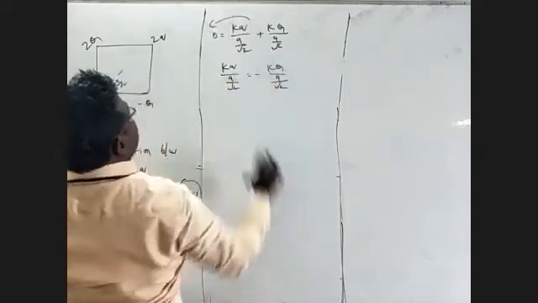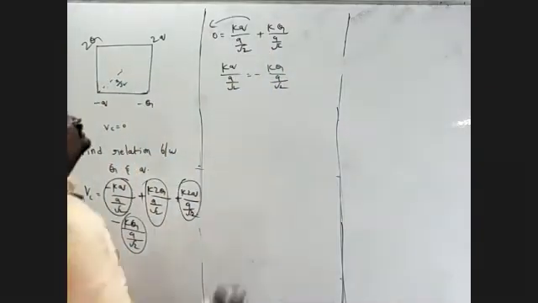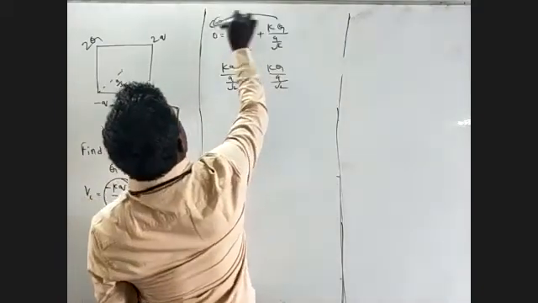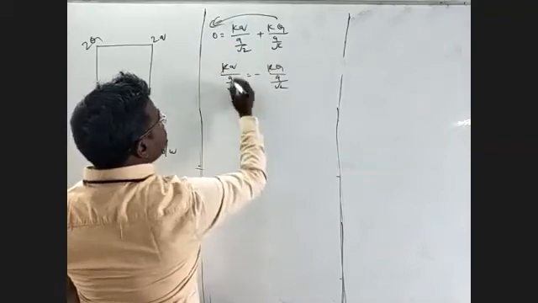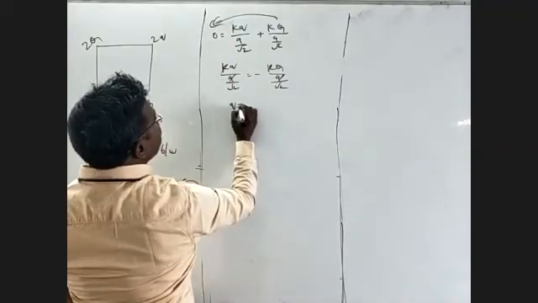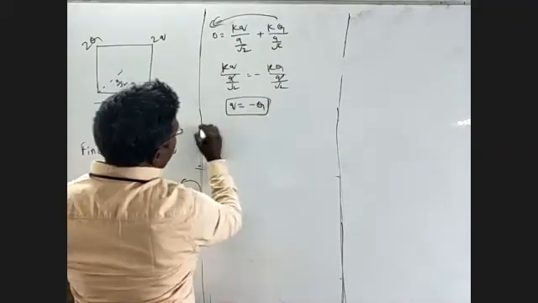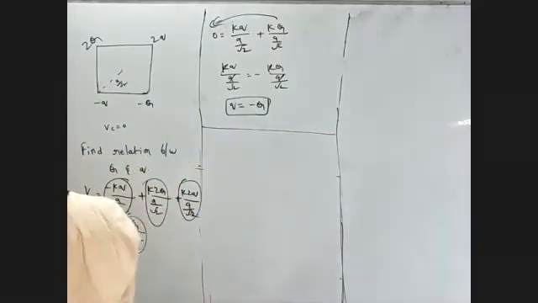Take this value to this side and it becomes minus. Here k cancels, and a by root 2 cancels. Small q is equal to minus 2. That is the relation between small q and capital Q.